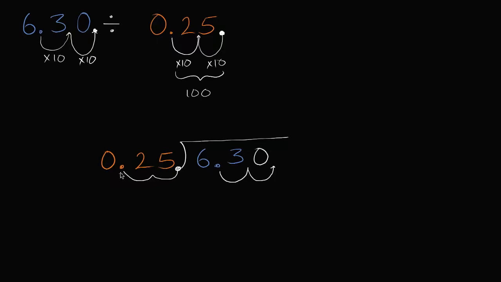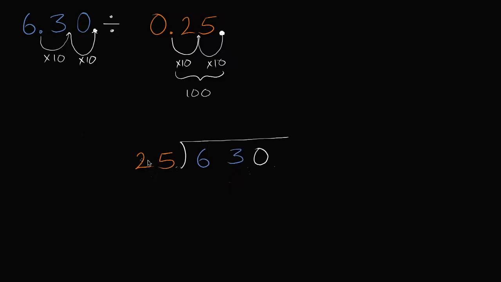Let me clear all of this stuff out of the way to make that clear, so we don't have to deal with all of this messiness when we're actually doing our long division. All right. So now this is just straightforward dividing a 2-digit number into a 3-digit number.